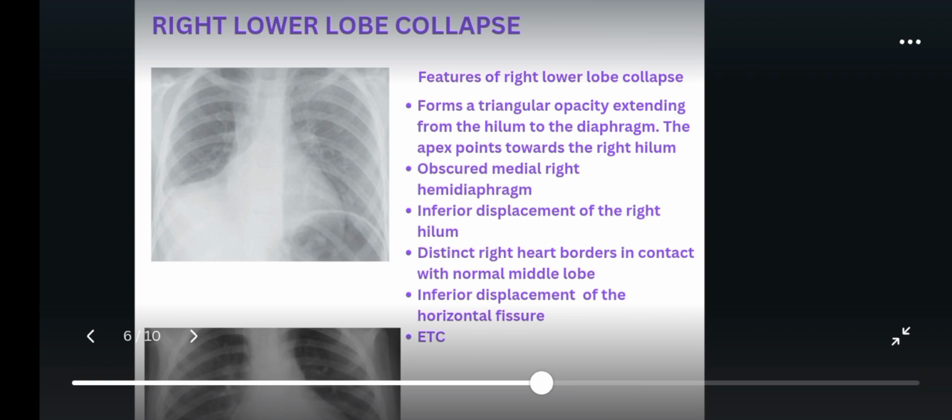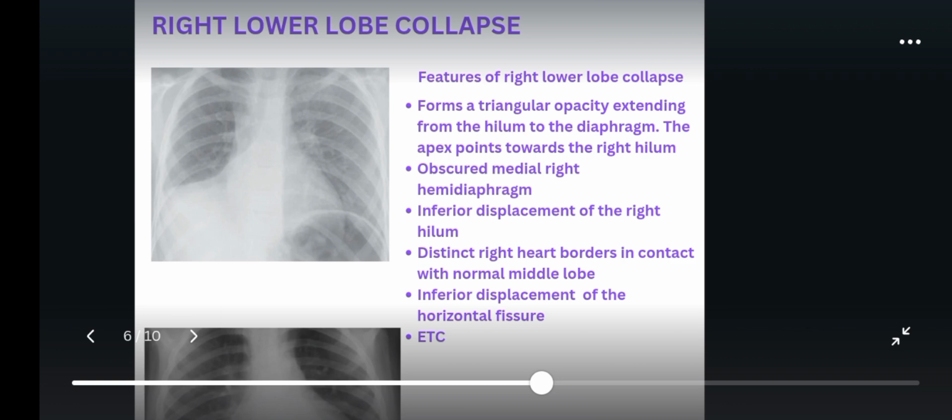And distinct right heart border in contact with normal middle lobe. If the middle lobe is not involved, the right heart border will be distinct. You'll be able to make out the right heart border, because the right heart border is majorly in contact with the middle lobe. Then inferior displacement of the horizontal fissure. Because the collapse is downward, it will tend to pull the hilum and the middle lobe fissure down to itself.